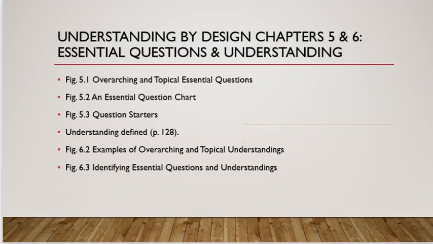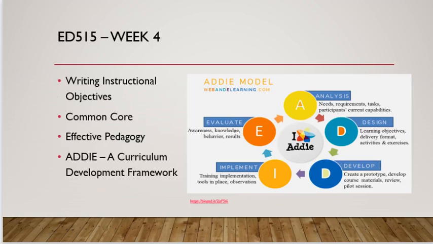And then they turn the attention in Chapter 6 to understanding, and really kind of combining those two, essential questions and understanding. This week, some of the things you'll be doing is looking at Bloom and all these different things, especially in Understanding by Design, and writing instructional objectives.